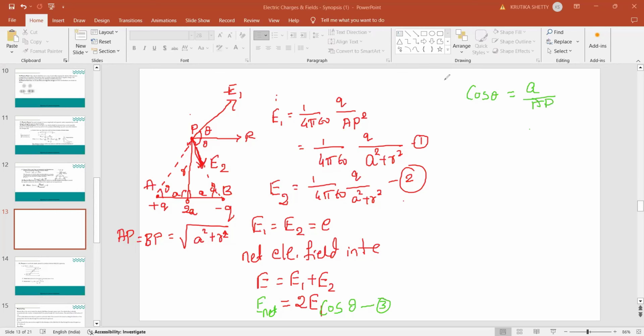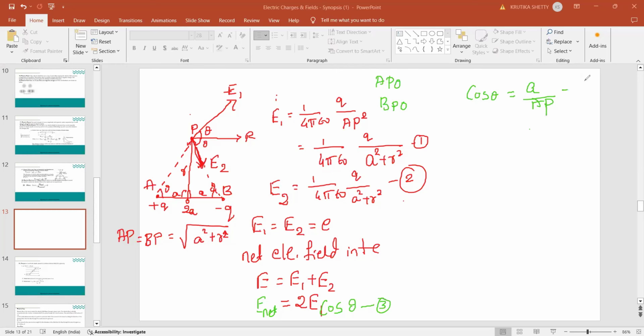You can consider the right angle triangle APO or BPO. Whichever triangle you consider, you get the same result. So cos theta from the figure, right angle triangle APO or BPO, is given by a divided by AP. That is adjacent divided by hypotenuse. Correct?